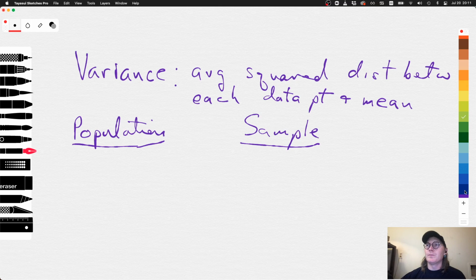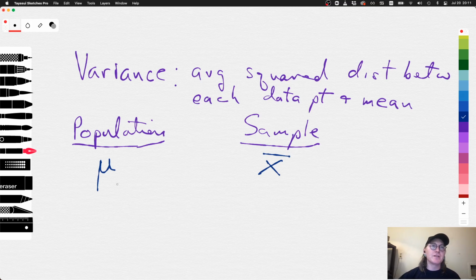The symbol for population mean, right, is mu. It looks like a U with a tail in the front. And for a sample, the mean is x bar. So following the same convention, for the variance we're going to have a Greek symbol, and for the sample we're going to have a Latin symbol.